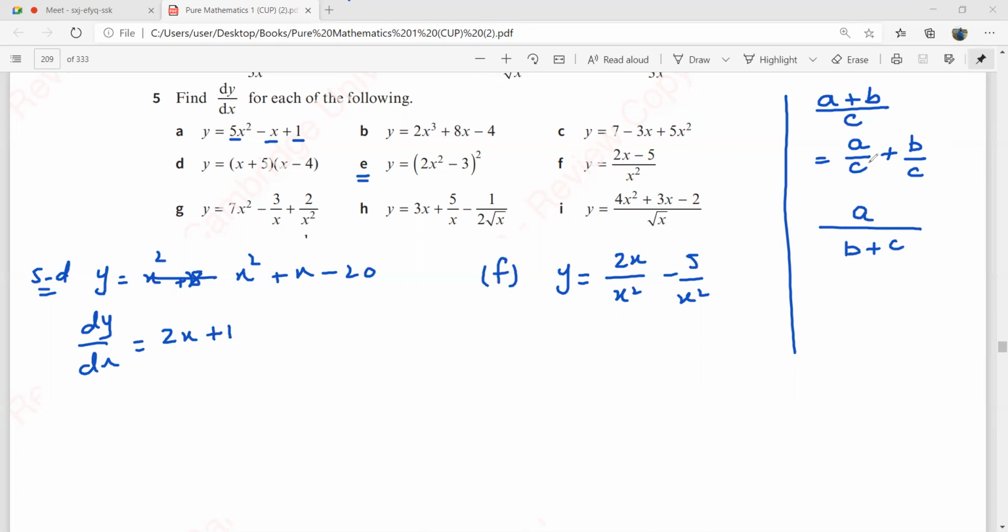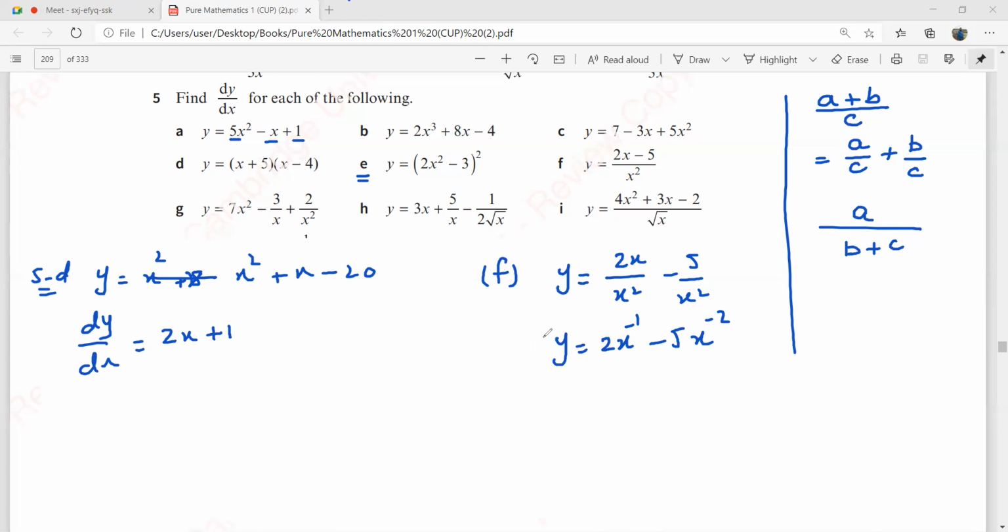The splitting is only possible when you have plus or minus going on in the numerator. So you split it like this. So this would be 2 over x. So you can write it as 2x raised to power minus 1 and minus 5x raised to power minus 2. You see that I am not differentiating it. I am simplifying this, trying to bring this into the form that can be differentiated.